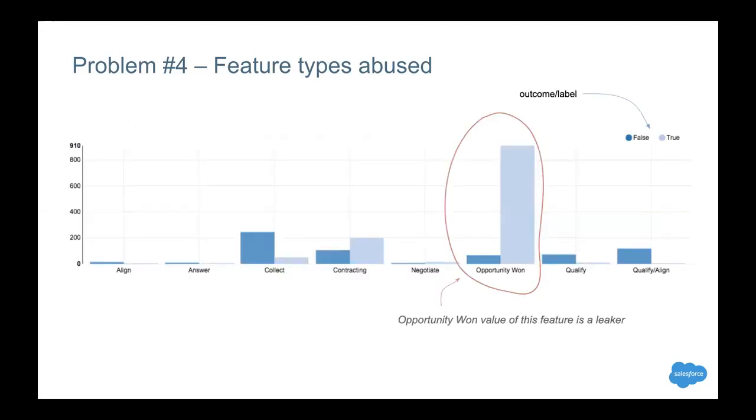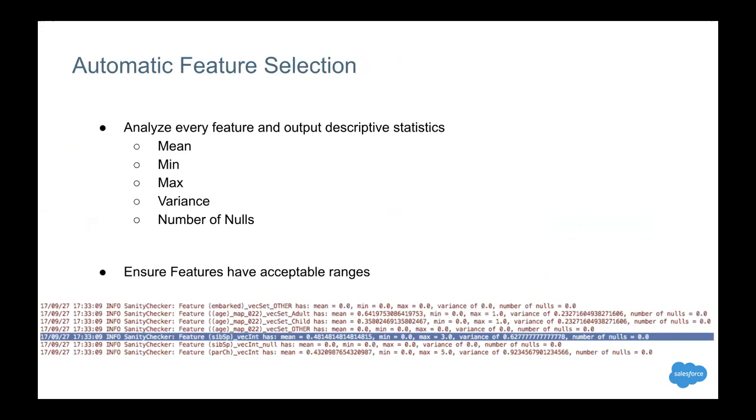All those problems that I mentioned, we try to tackle during our automated feature selection, which operates on top of the feature vector plus the label. What we do is analyze features based, first of all, on simple statistics such as min, max, variance, and number of nulls.